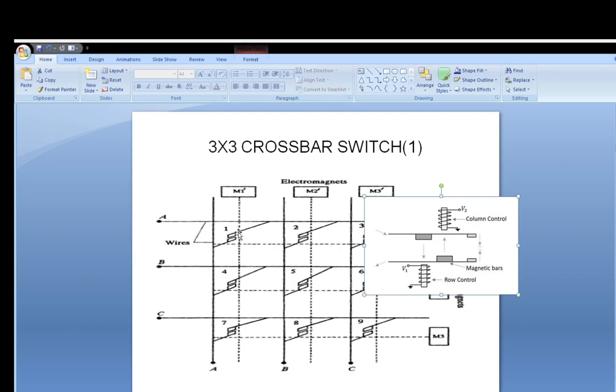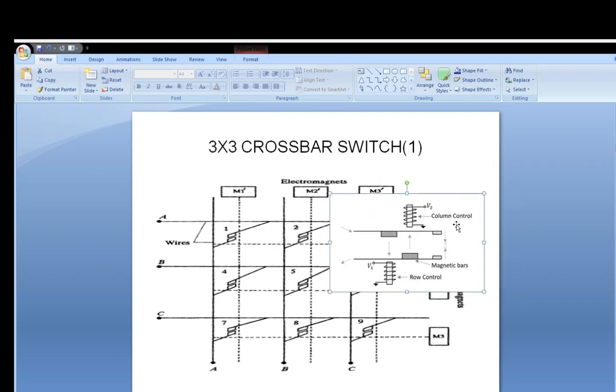With these switching points, electromagnets are connected, and when these electromagnets are energized, the switching between two contact points will be possible.